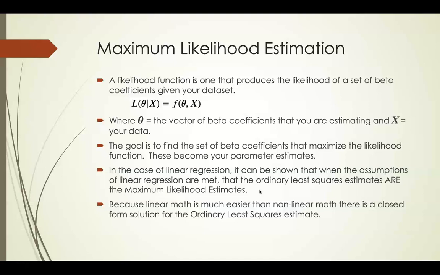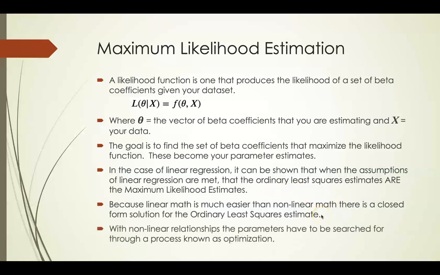We can just take our matrix of explanatory variables and our vector of response variables, plug them into an equation, and calculate the ordinary least squares estimates directly. That's really handy. With nonlinear relationships, however, the parameters have to be searched for through a process known as optimization. There's no closed form solution. There's no way that we can just calculate these directly from the data.